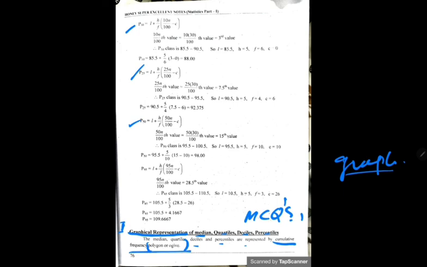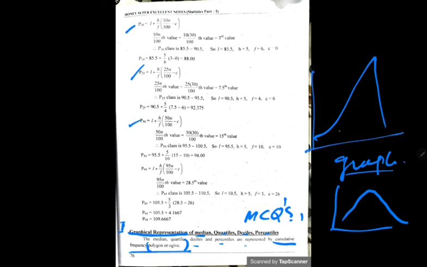Here is a little point for your MCQ or short answer questions: the graphical representation. Graphical representation means how you represent the median, quartiles, deciles and percentiles on graph paper. When you show these values on graph paper, the cumulative frequency makes a polygon or ogive, with a shape like this.